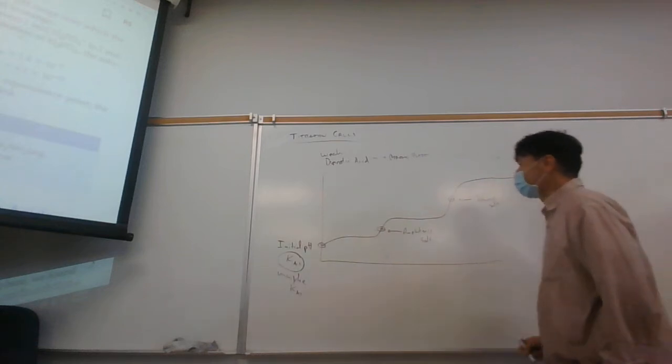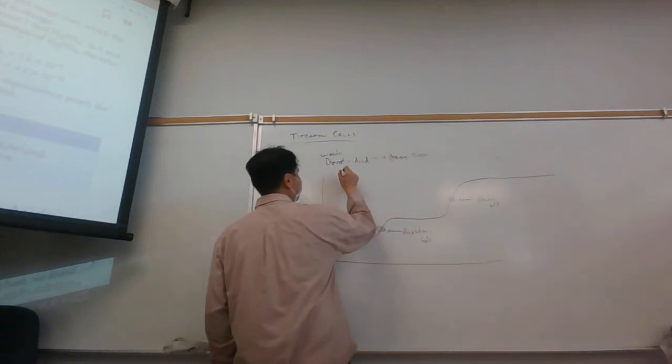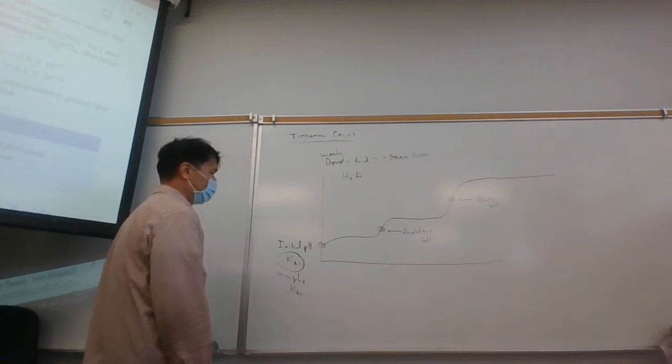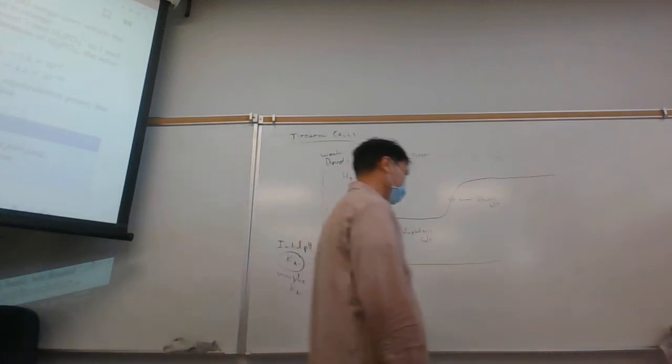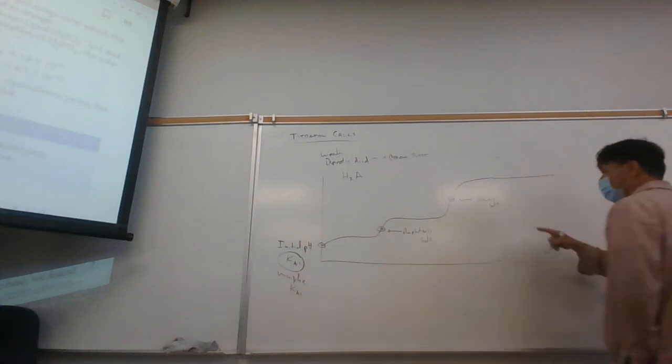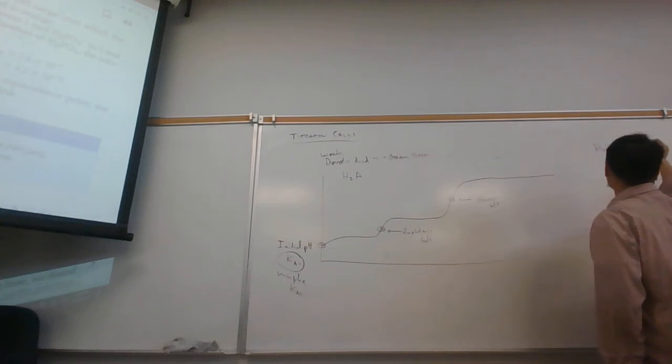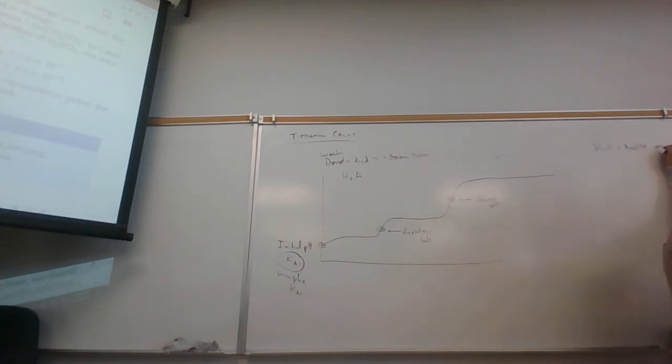Let's take a generic acid. We're going to call it H2A, A for some anion. When we hit the first equivalence point, we have H2A plus sodium hydroxide. This is going to yield the salt, sodium hydrogen A, plus water, salt and water.